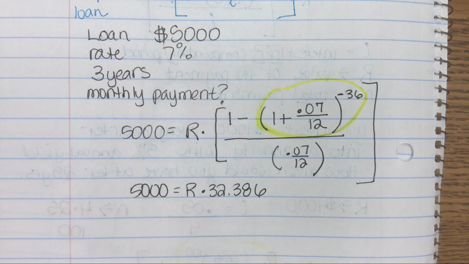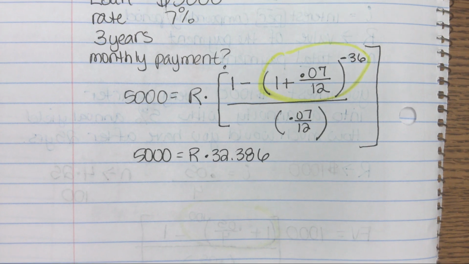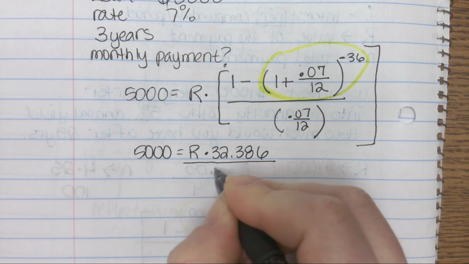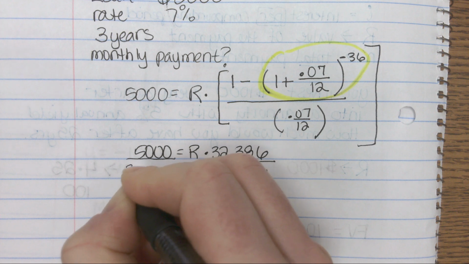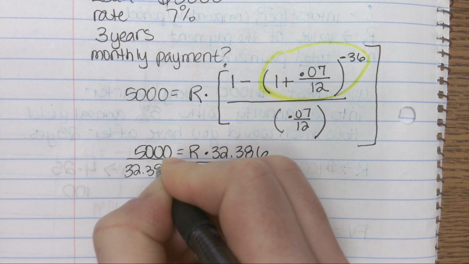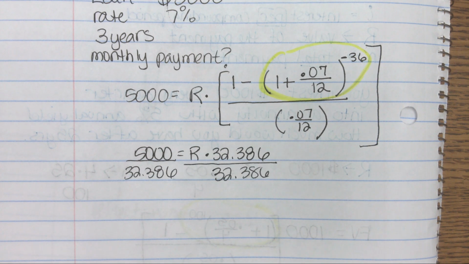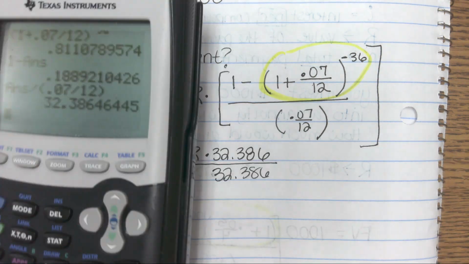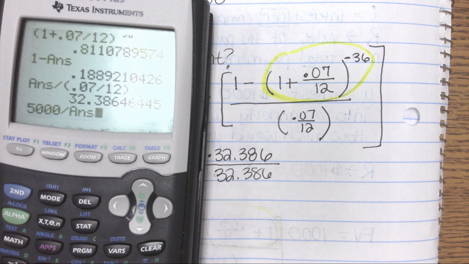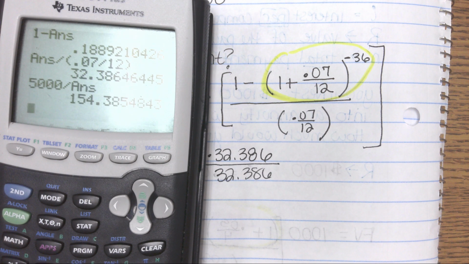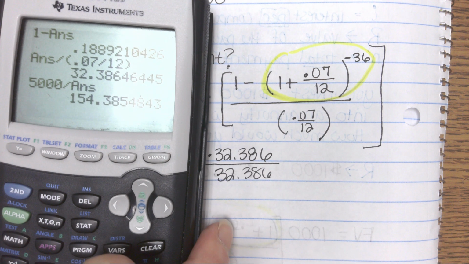Divide. Okay. I mean, if you want to be really fancy, you could still use the answer button. So your payment is going to be $154.39.